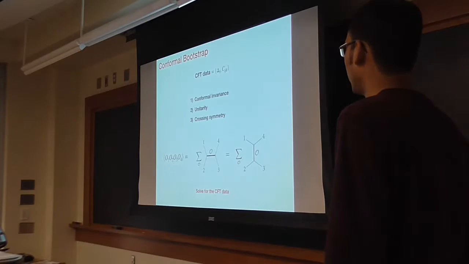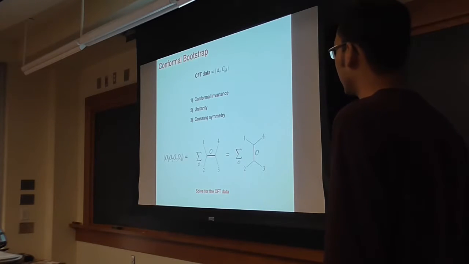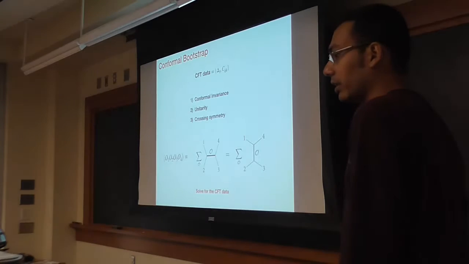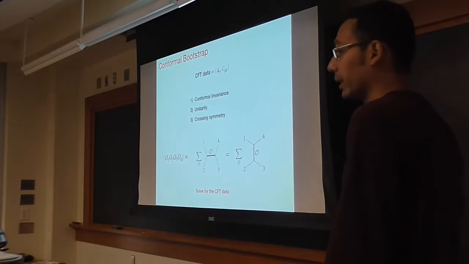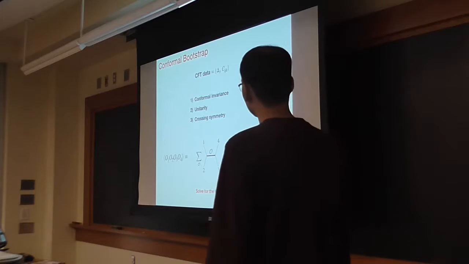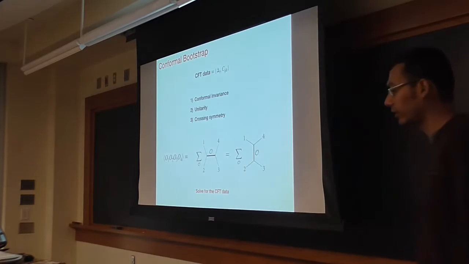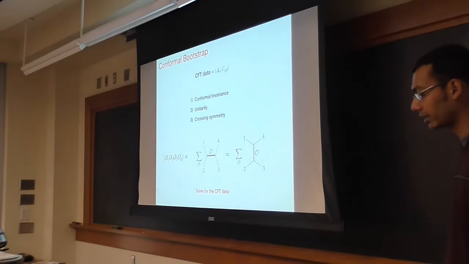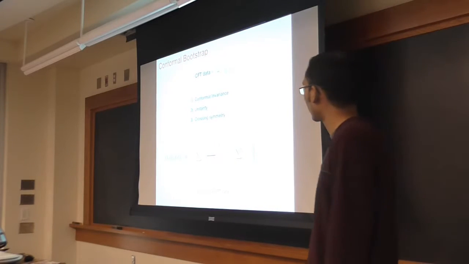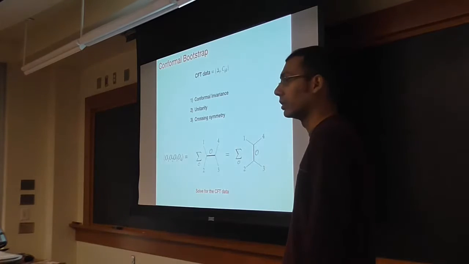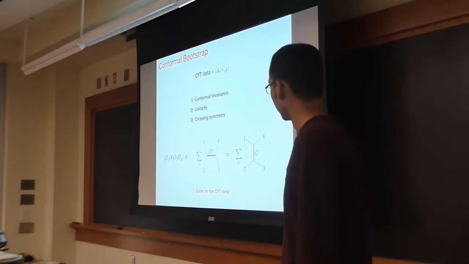Basically, there is a folklore that analyticity, unitarity, and crossing symmetry basically give you causality. It's not an independent constraint. And for some cases in CFT, you can actually show that reflection positivity and conformal invariance can give you causality.